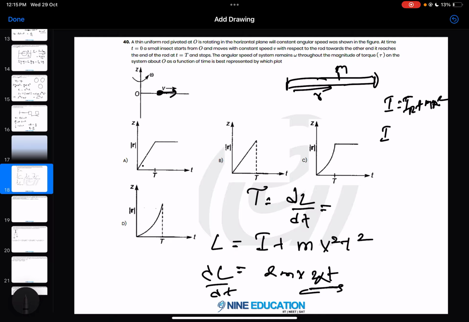So angular momentum increases as the insect moves forward, and after it has reached the corner, it has come to rest. So moment of inertia will stop changing and angular momentum will stop changing. So it will be 0 after it reaches the end of the rod, which makes our answer option B.